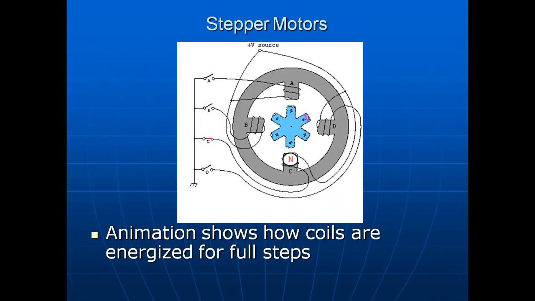A stepper motor animation shows how the coils are energized for full steps. Here A will be conducted, then B, then C and then D are conducted. The sequence A, B, C, D in the forward direction makes the stepper motor rotate the rotor in the clockwise direction.